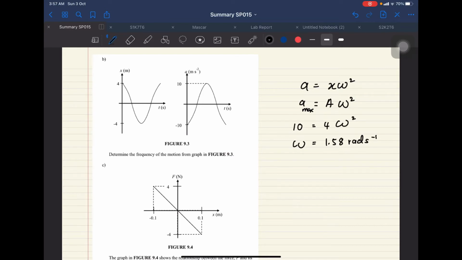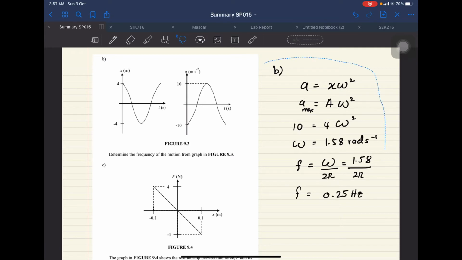Once you get this, for question B you can straight away find the frequency using the same equation as before. So f is basically omega divided by 2 pi, which is 1.58 divided by 2 pi. Here you get 0.25 hertz.